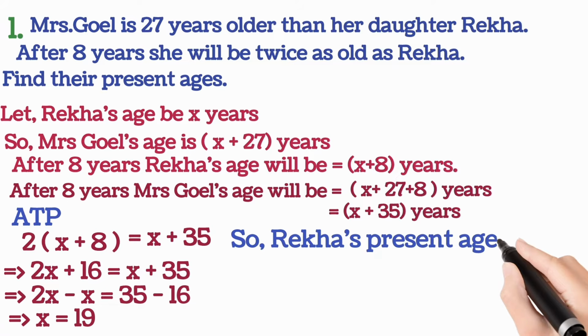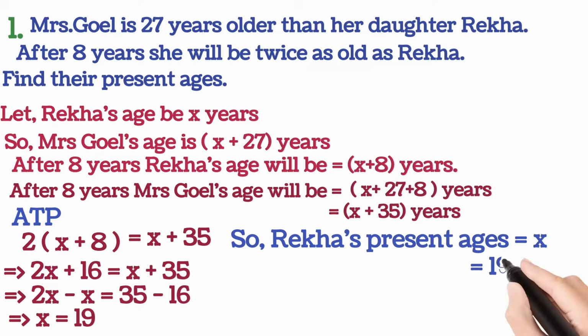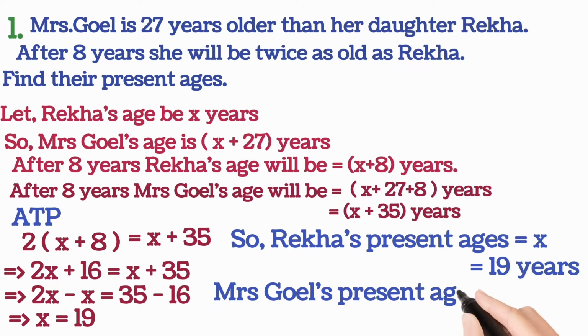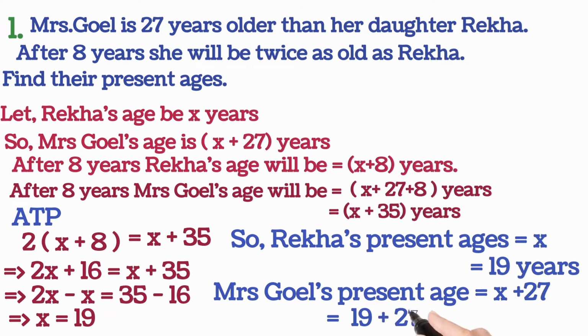So our problem is solved. Now we can easily find the ages. Rekha's present age is x, that means 19 years. Mrs. Goel's present age is x plus 27, that means 19 plus 27 equals 46 years.